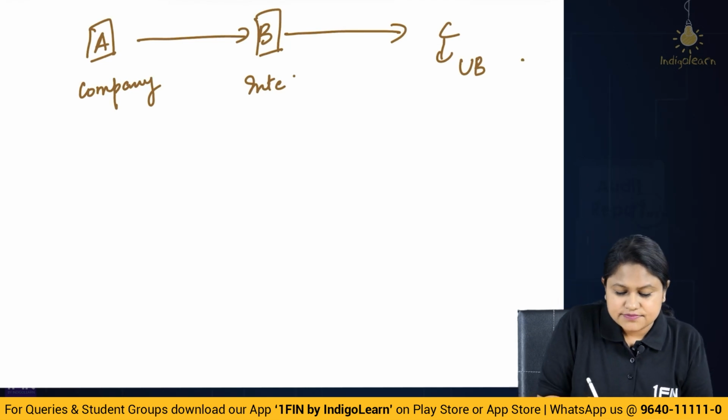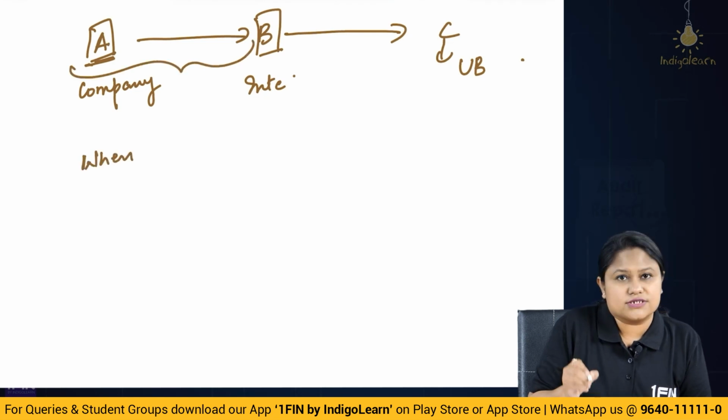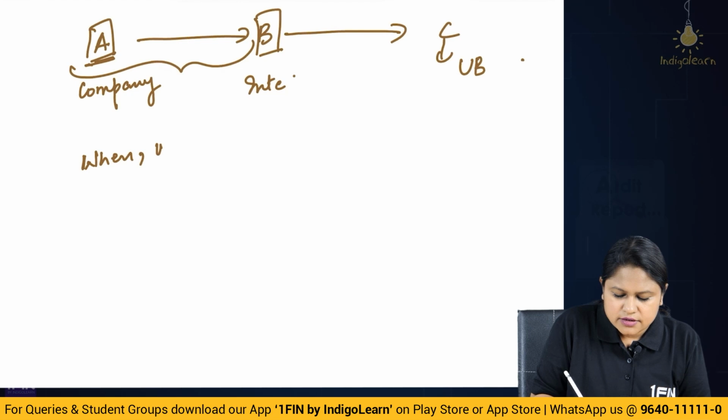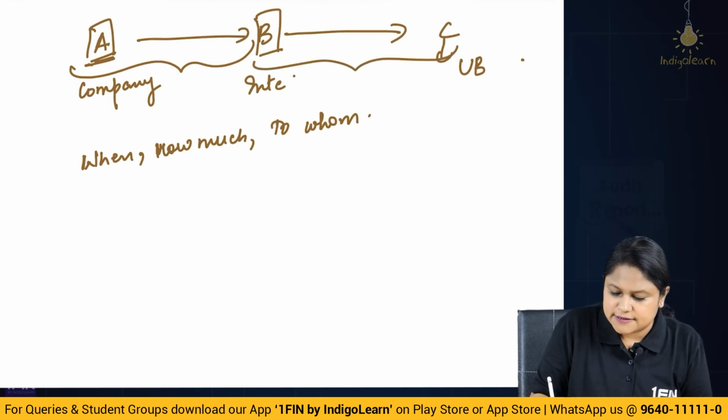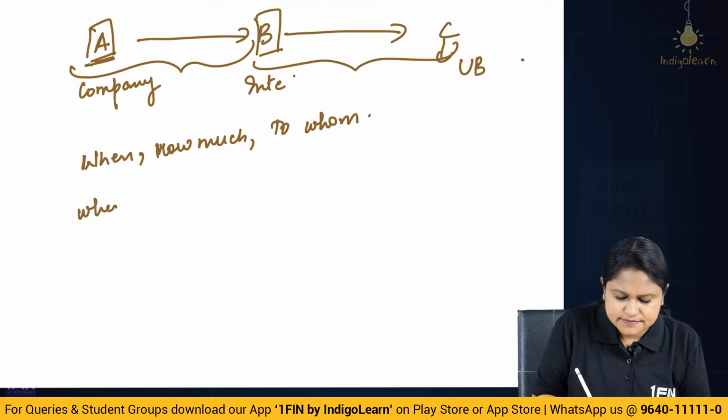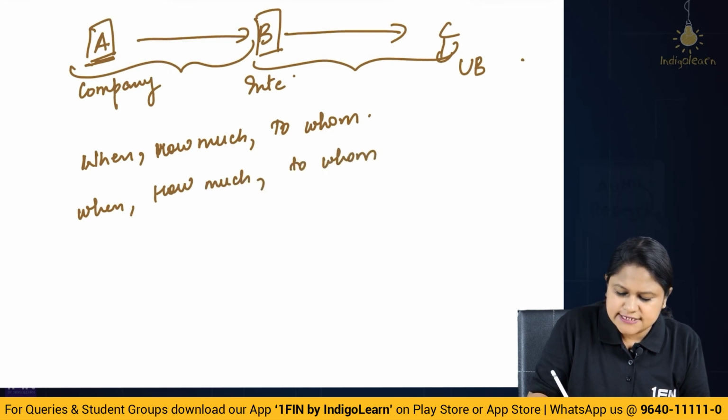The first disclosure is that this company has given, when, first this transaction you have to disclose. When, how much, and to whom. Correct? Then this part. Again when, how much, to whom. Easy?